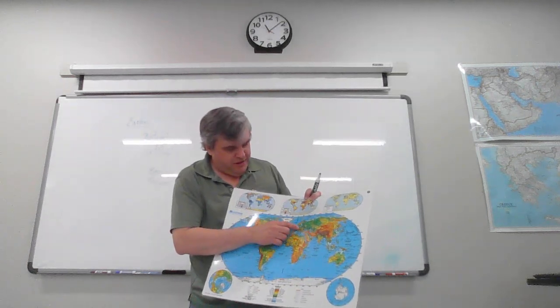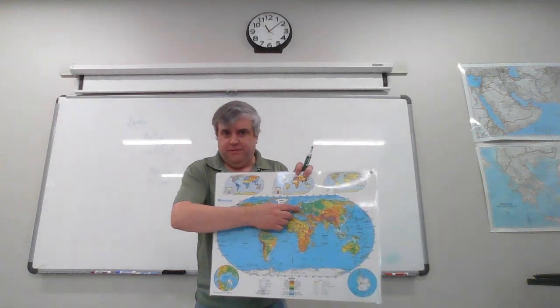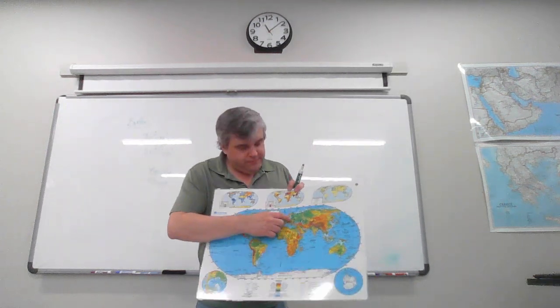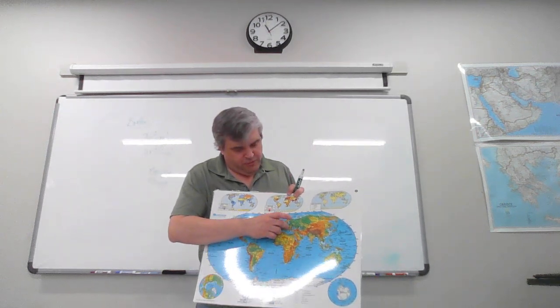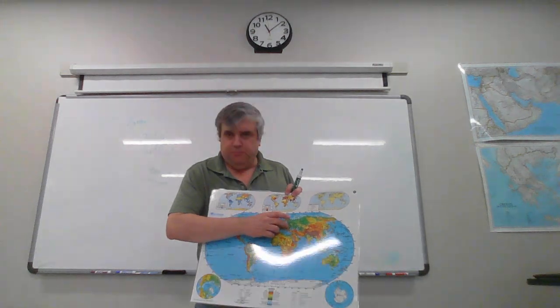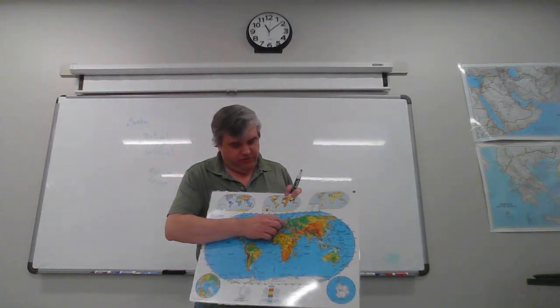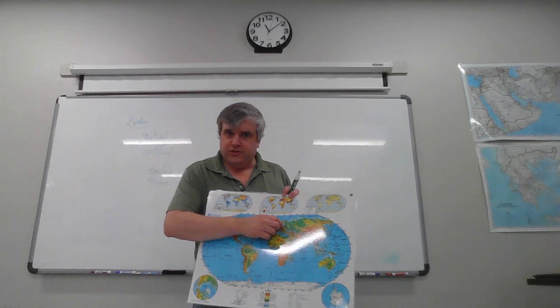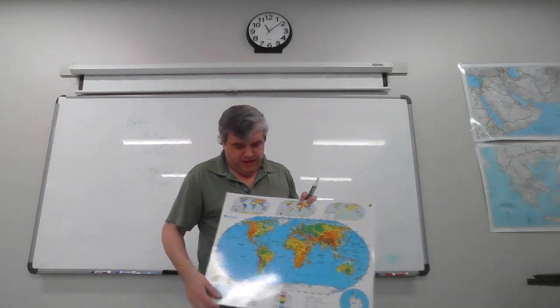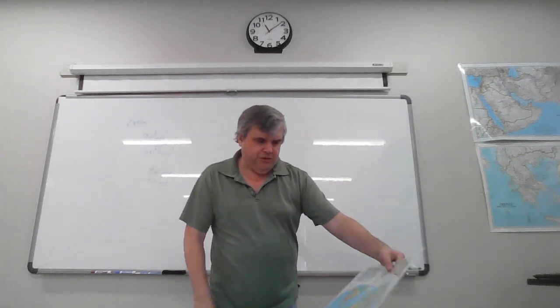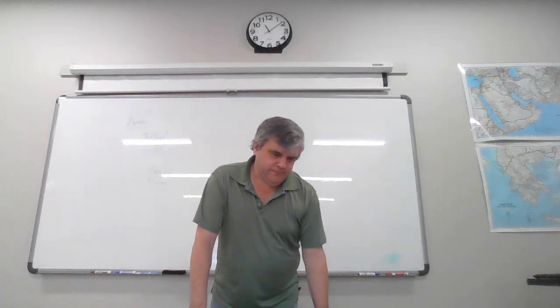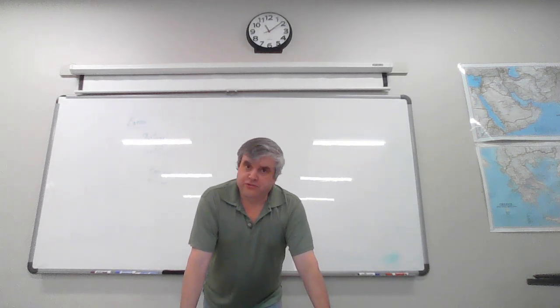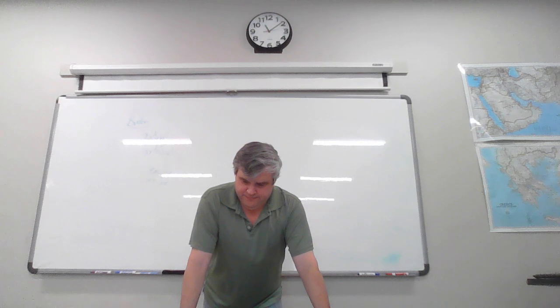An exclave would be Kaliningrad. It's a bit of Russia, but it's separated by the border of Poland and Belarus. It's right here. It's part of Russia, but it's away from the rest of the mainland of Russia. And of course, there are many, many other examples.